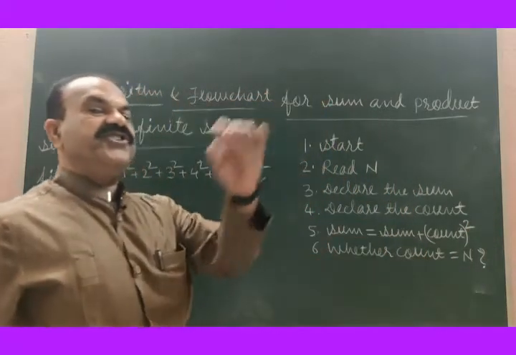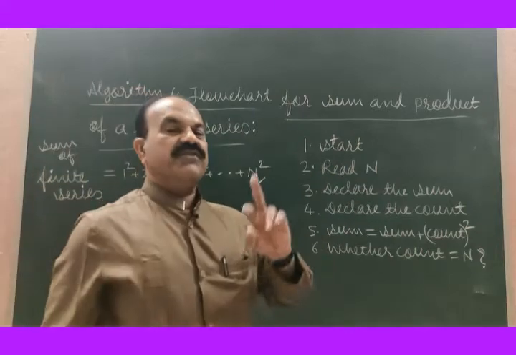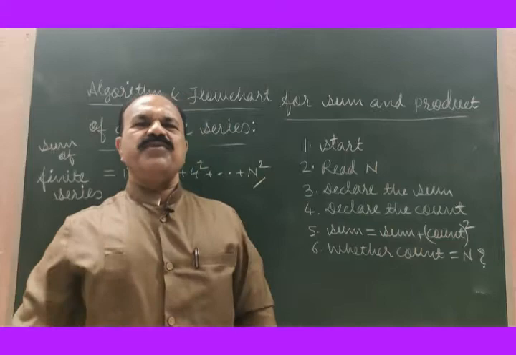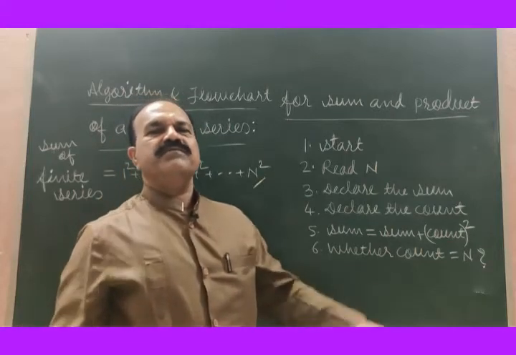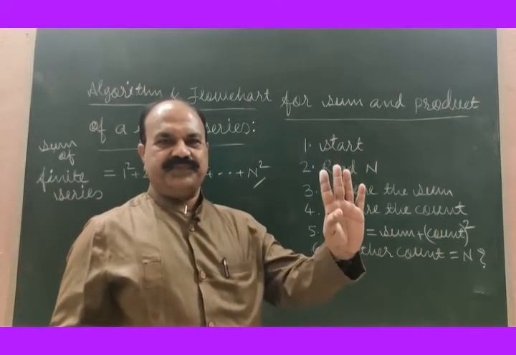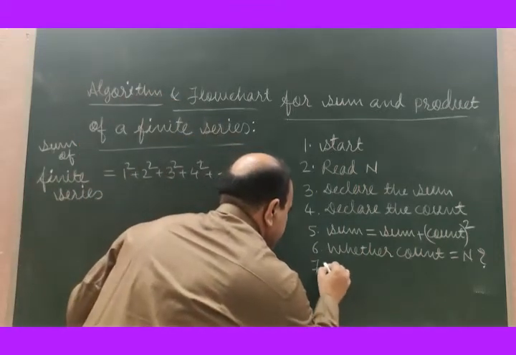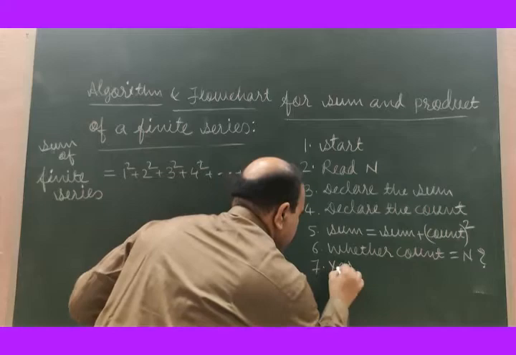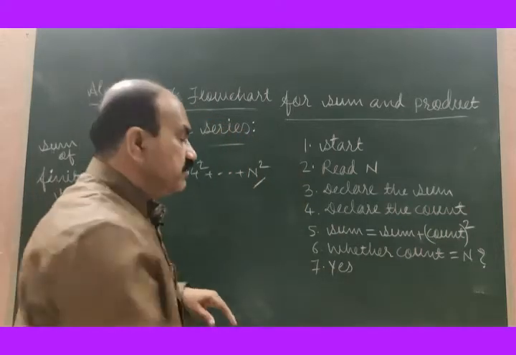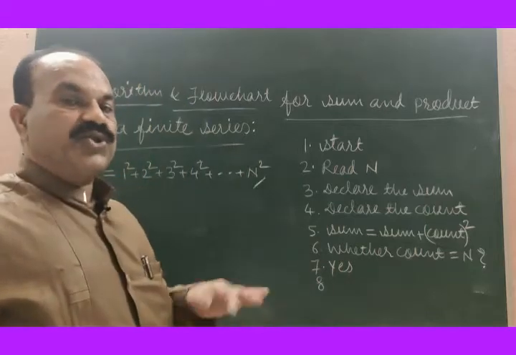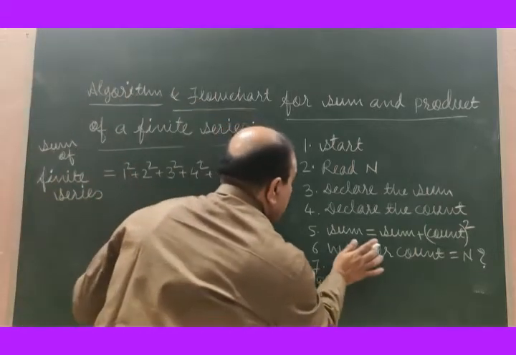You have to take a decision here: whether count is equal to n. If count is equal to n, our job is completed. If the answer is yes, print sum and stop. Let me first go for the answer no.